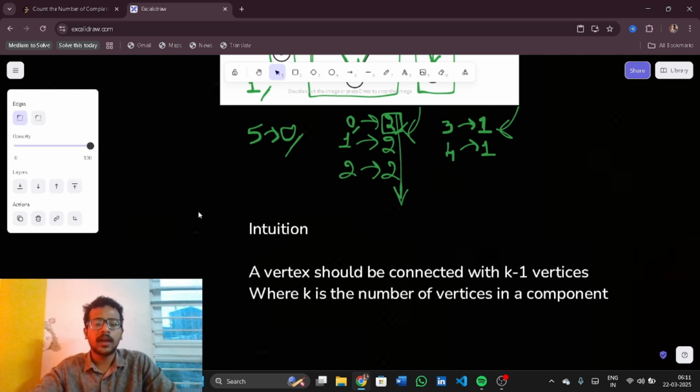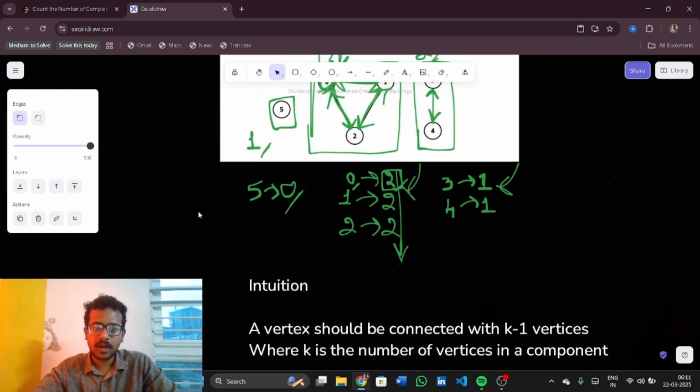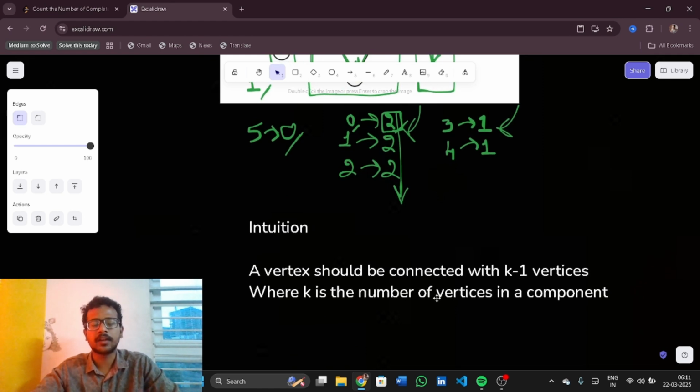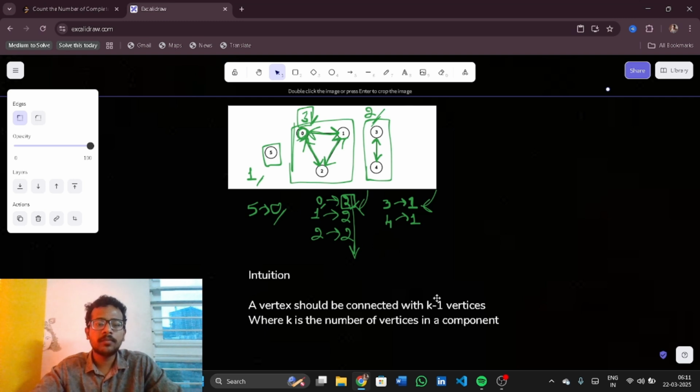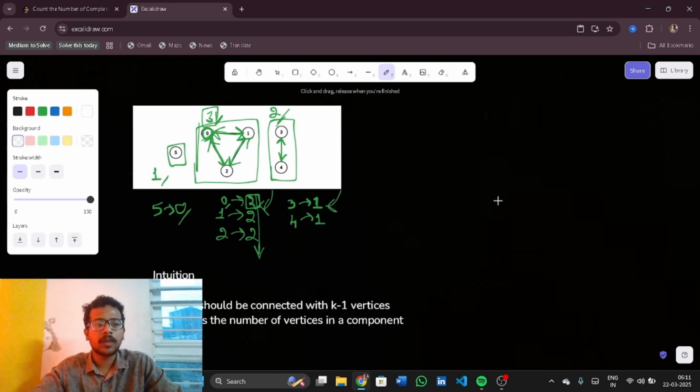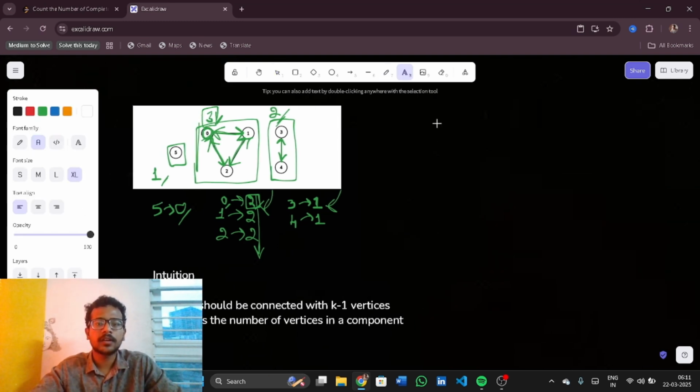So a vertex should be connected with k minus 1 vertices, where k is the number of vertices in a component.